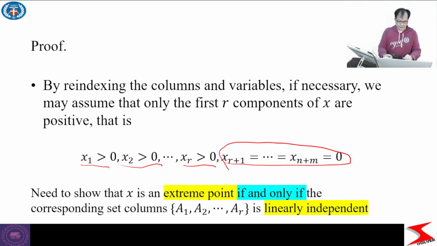Okay? So what we need to show in the proof is that x is an extreme point if and only if the corresponding set of columns A1 to Ar is linear independent. So this is our purpose for the proof.